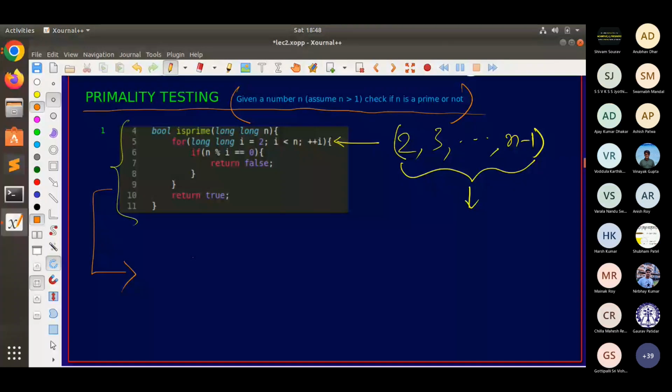Big O of n, right? Why? Because you have to go through 2 to n actually. Yeah, so because in the worst case you need to go from 2 to n minus 1, all of them, right? So this is an order n algorithm.